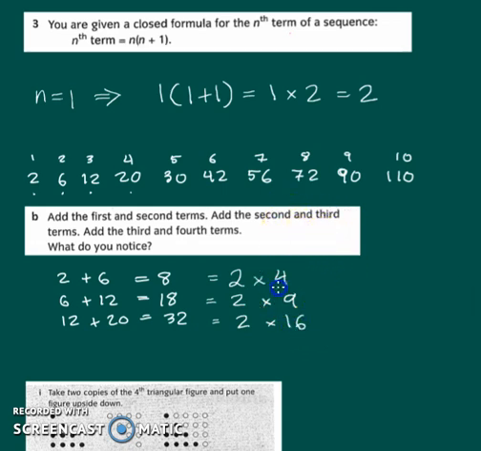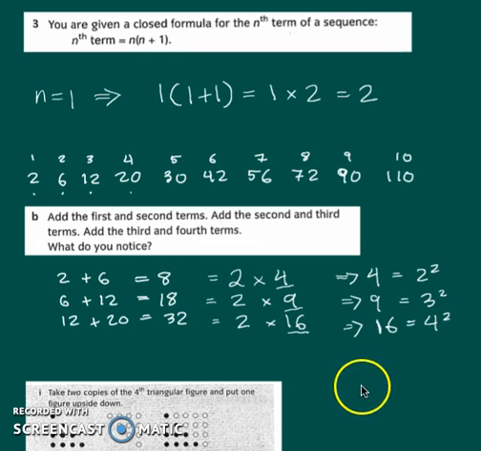What's significant about 4, 9, and 16? Well, we know that they're all perfect squares. So we know that 4 is equal to 2 squared. 9 is equal to 3 squared. And 16 is equal to 4 squared. So it's all about recognizing patterns. Perhaps you found a different pattern as well.